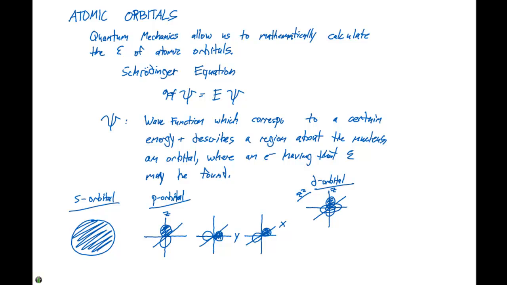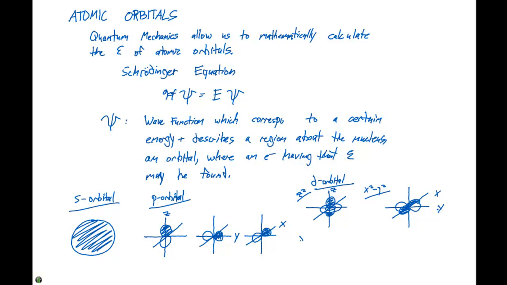And we shade in either the donut or the two lobes in this orbital. Then there's the dx squared minus y squared, which falls right along the x and the y axis. And it looks something like this, where you have these figure 8 orbital lobes, and every other one is shaded in. So there's your dx squared minus y squared.